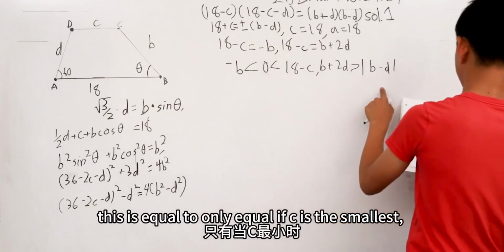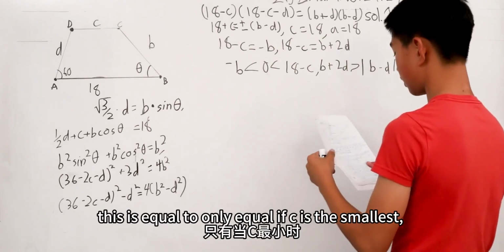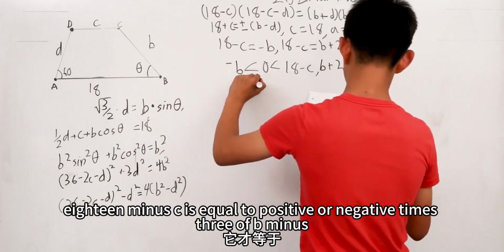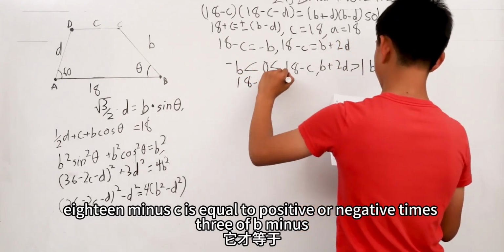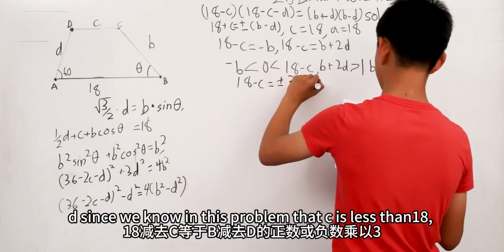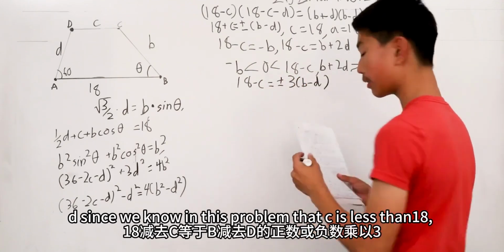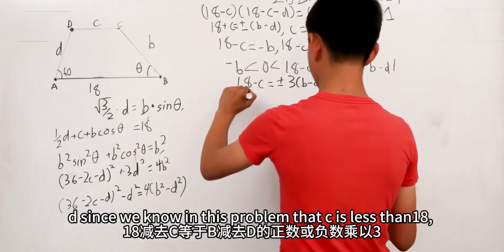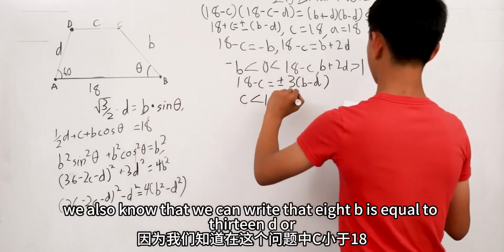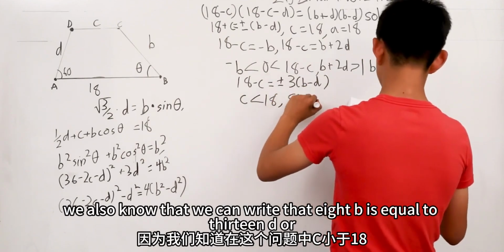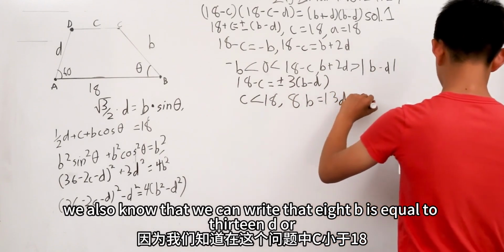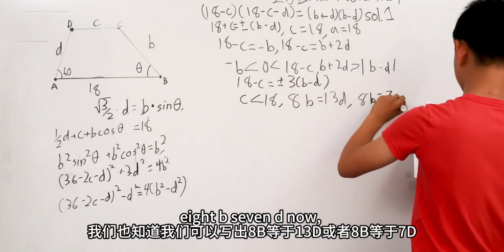This is only equal if c is the smallest. So 18 minus c is equal to positive or negative 3 times b minus d. Since we know in this problem that c is less than 18, we can also write that 8b is equal to 13d, or 8b is 7d.